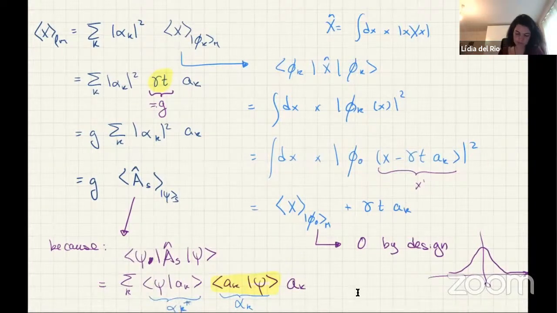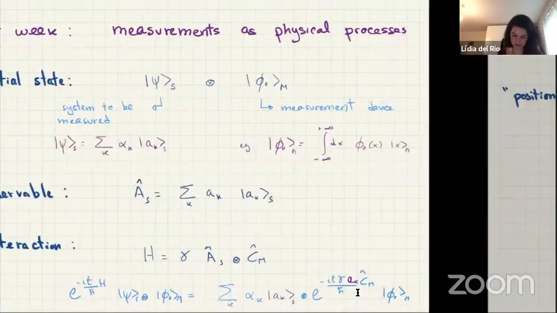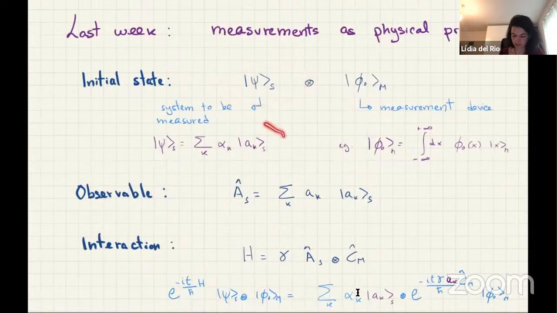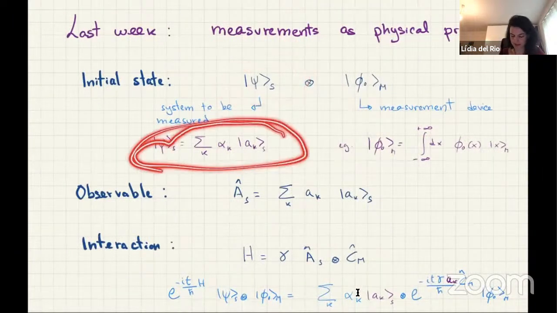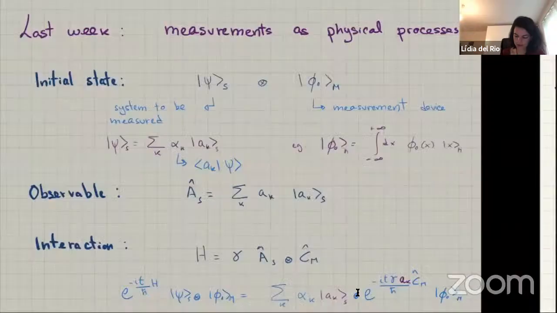Which you can see from going back to the first time we defined the state, we just expand it in this basis. So this coefficient here is just the overlap. Okay, right? Good.